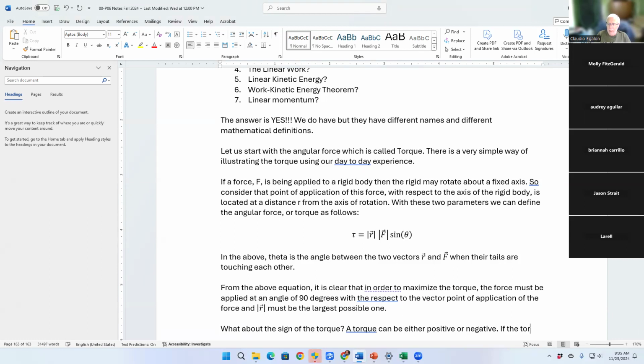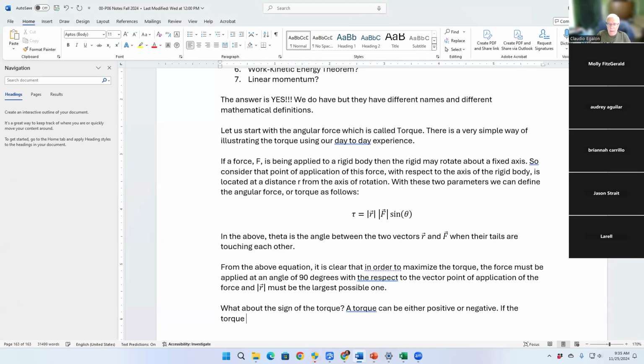If the torque is applied in a direction that makes the door rotate in a counterclockwise direction, the torque will be positive.